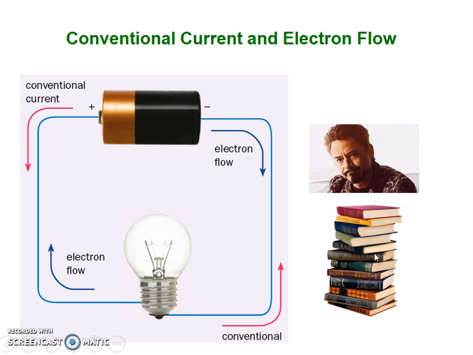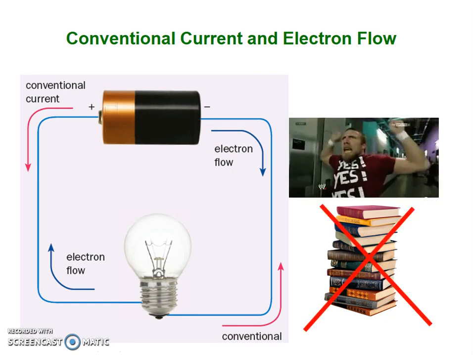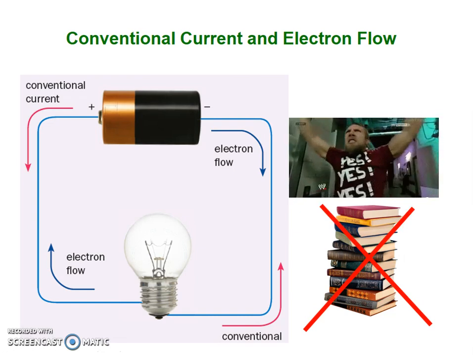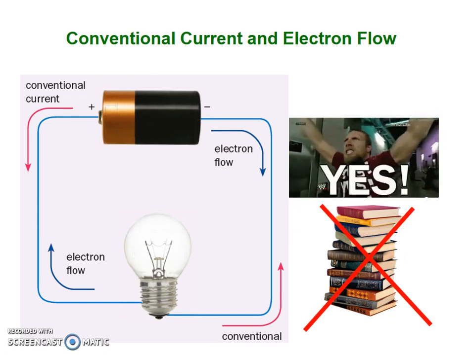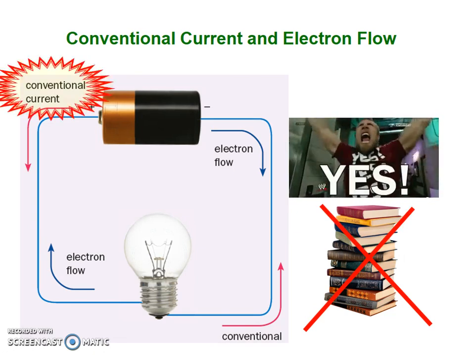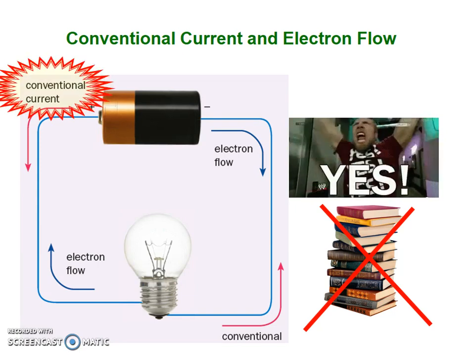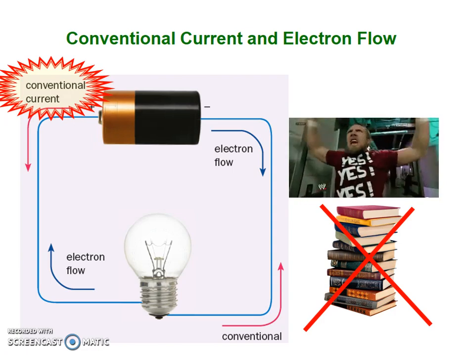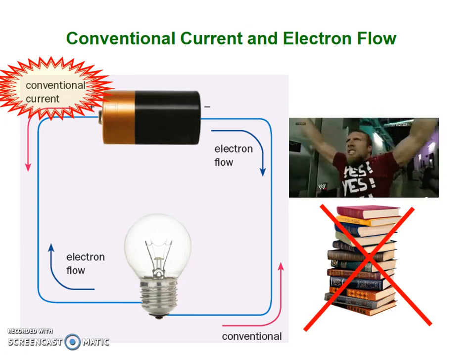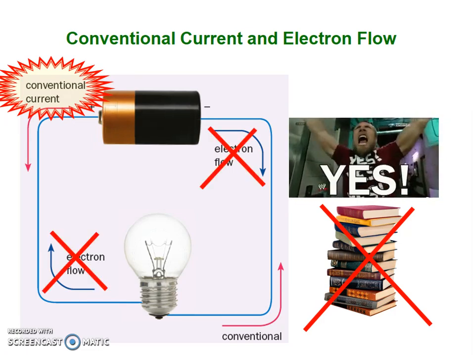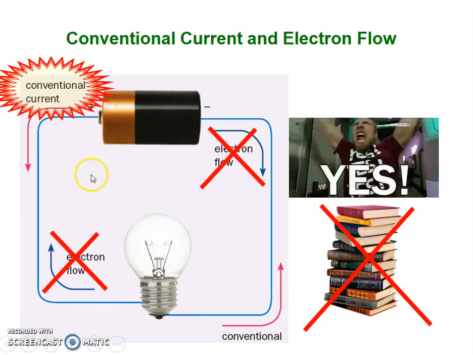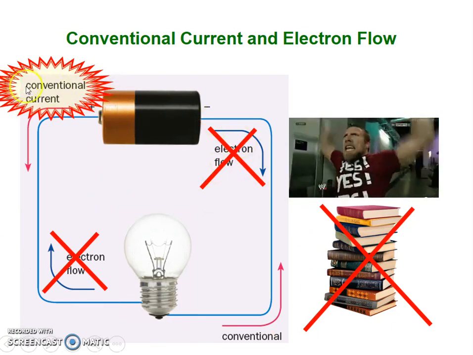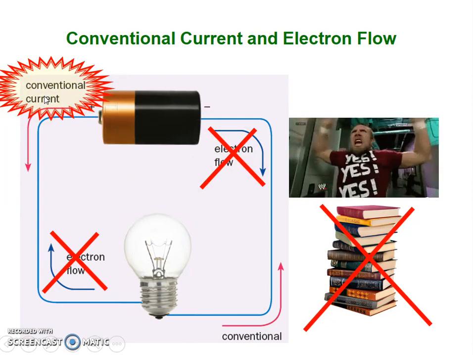Nope. Someone found a great idea. They said, let's just continue using conventional current. Although electron flow is the truth, we just don't use that in our conventions. So in all circuit diagrams from now, everything uses conventional current flow.